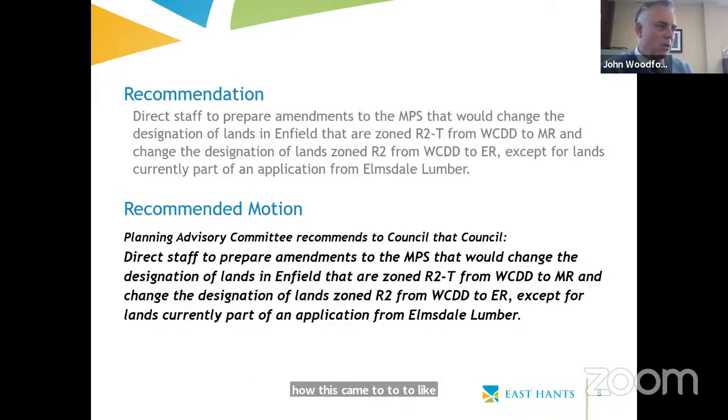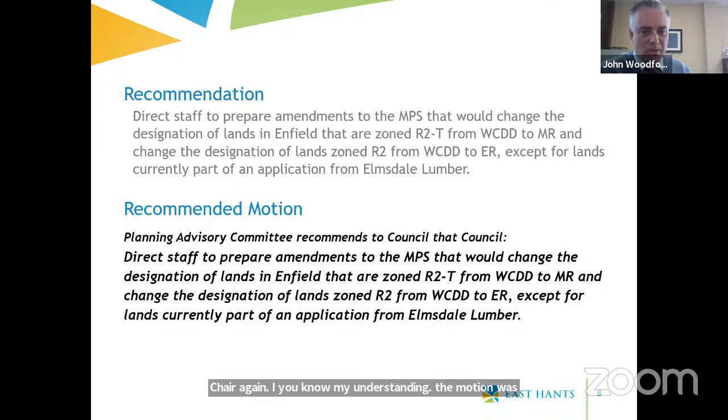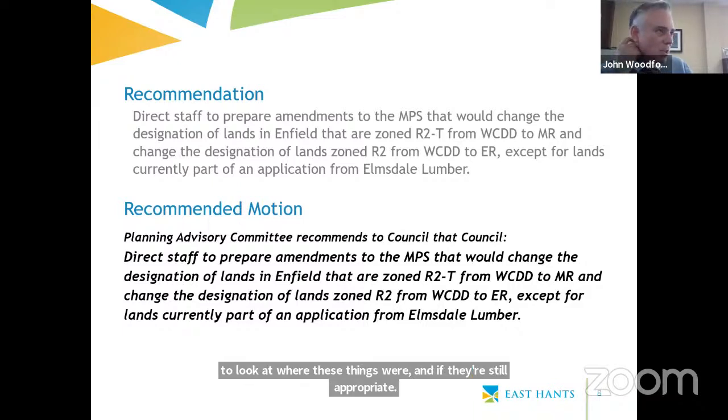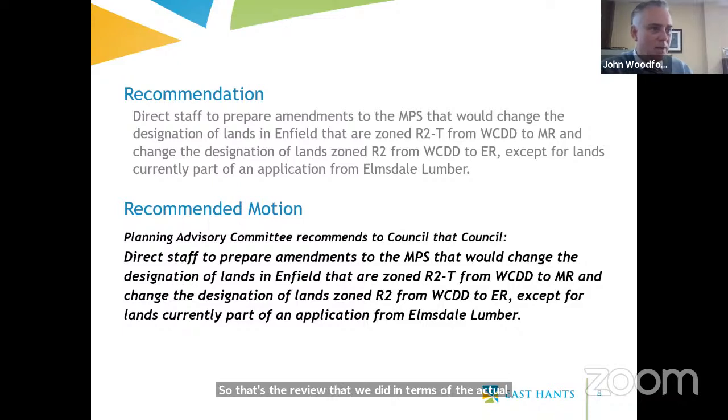Through you, Mr. Chair, my understanding, the motion was to look at where these things were and if they're still appropriate. So that's a review that we did. In terms of the actual policy, getting into the DA, there's some language in there about the type of community without trying to nail down all the details of the types of housing or the types of commercial that would be permitted. It's deliberately meant to be a negotiation between the municipality and a developer.